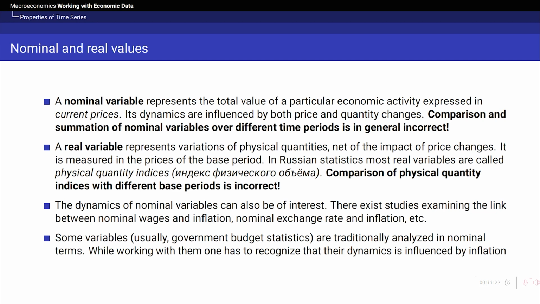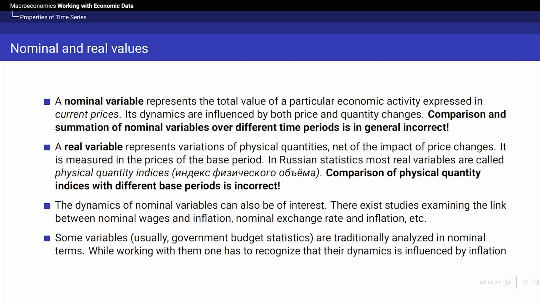Real variables, on the other hand, are free of the impact of price changes. They are expressed in constant or base period prices and only reflect the changes of actual physical quantities of goods and services. Keep in mind that different periods can be selected as base periods.